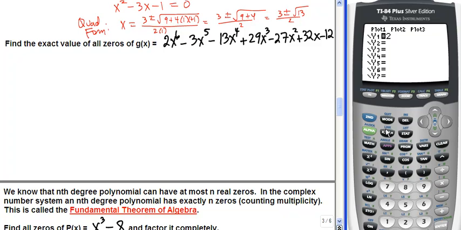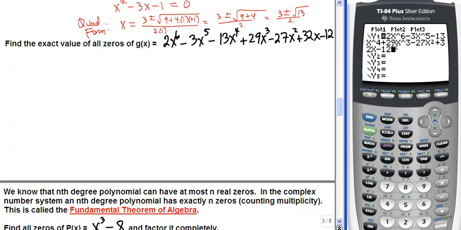So be patient here. 2x to the 6th minus 3x to the 5th minus 13x to the 4th plus 29x to the 3rd minus 27x squared plus 32x minus 12.